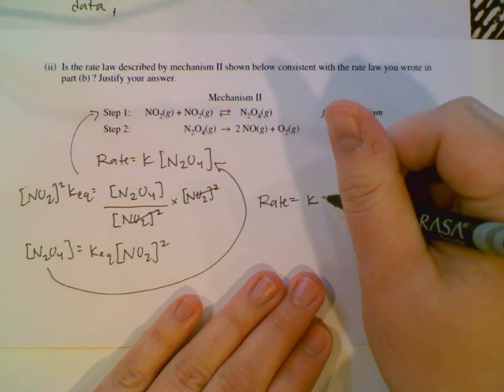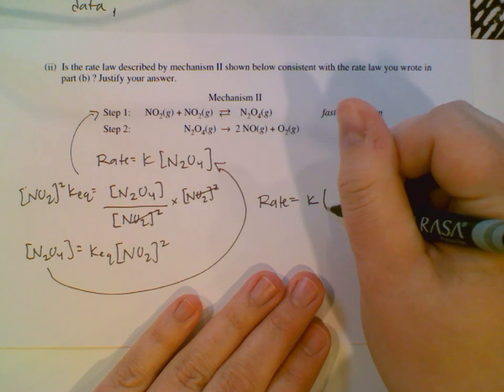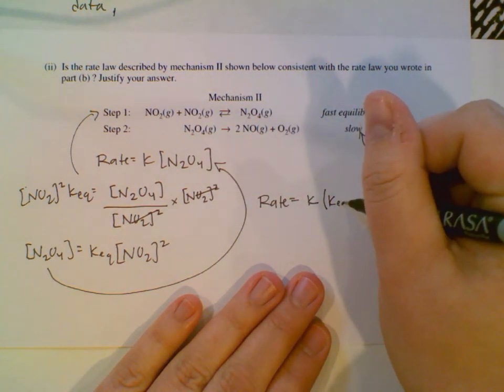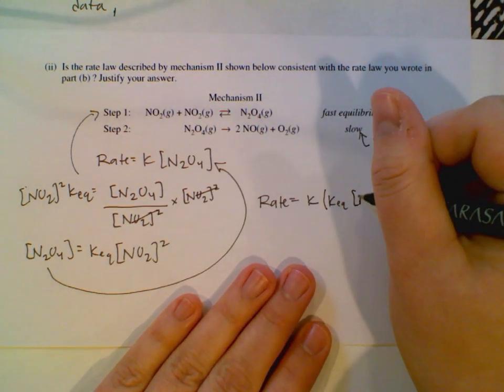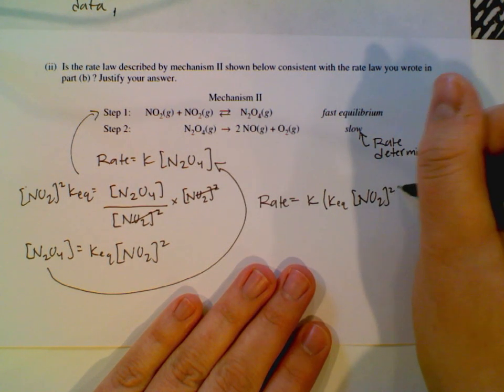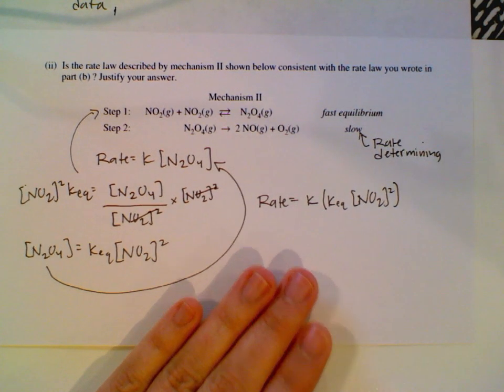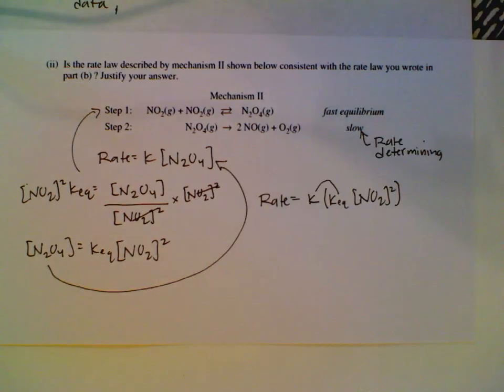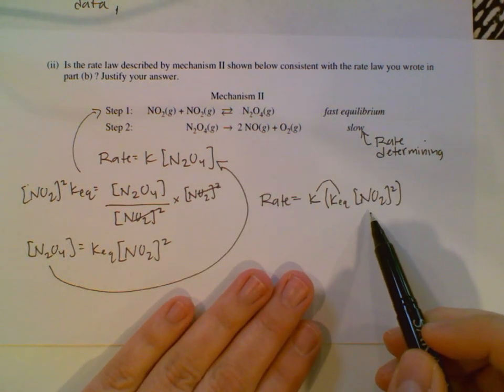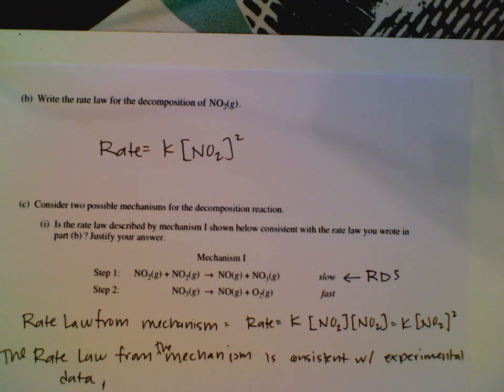So k is equal to this Keq times the concentration of NO2 squared. And so in this situation, like I said, these two k's combine with each other. What'll end up happening is that essentially it's the same rate law. So if I substitute in the intermediate with my rate law, I do end up getting a rate law that's consistent with what the experiment shows.